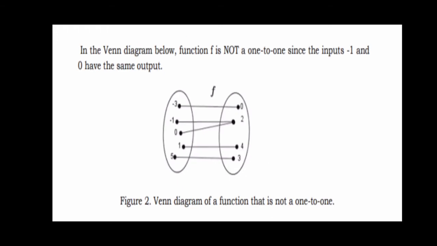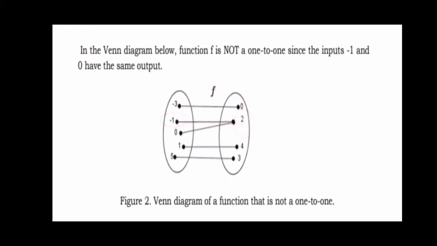Take another Venn diagram below. Function f is not a one-to-one function since the inputs negative 1 and 0 have the same output. Let us study figure number 2. Why do we consider that the given figure is not a one-to-one function? As you can see, you have negative 3 going to 0.